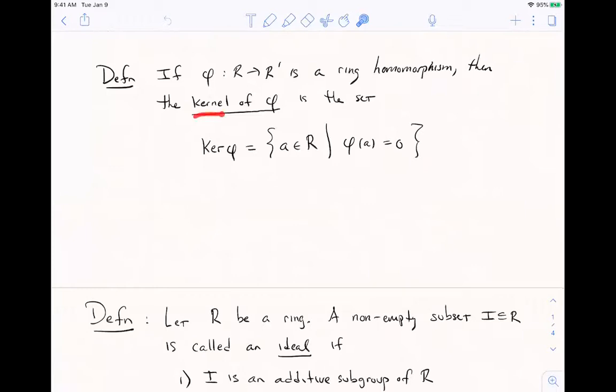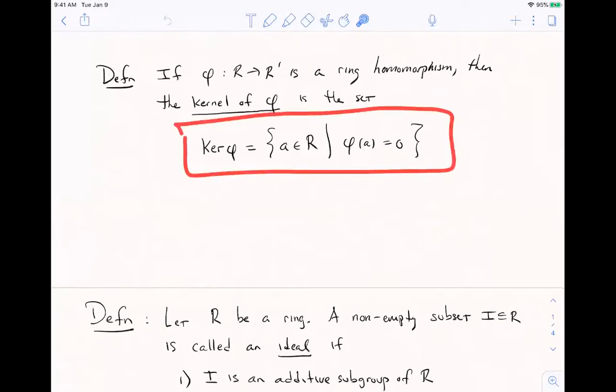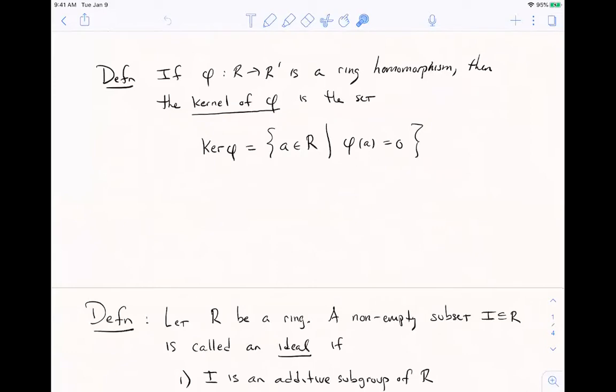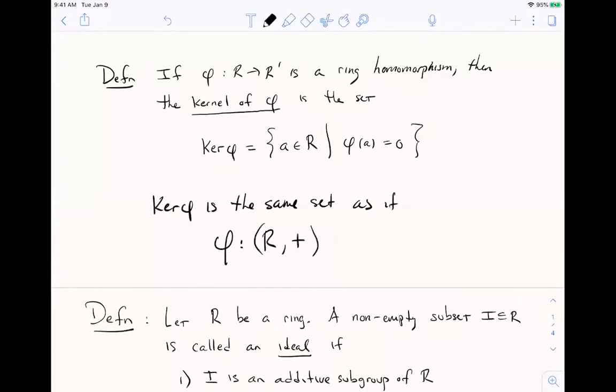Continuing, we'll make a definition here. The kernel of a ring homomorphism, this is some good news actually. The kernel of a ring homomorphism has exactly the same definition as if you forgot about the multiplicative part. So the kernel of a ring homomorphism is the elements in the domain that map to the additive identity. It's the same set as if phi were just a map from the additive abelian group R to the additive abelian group R prime.